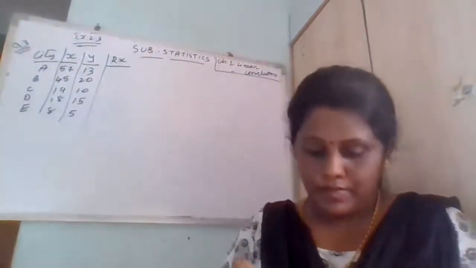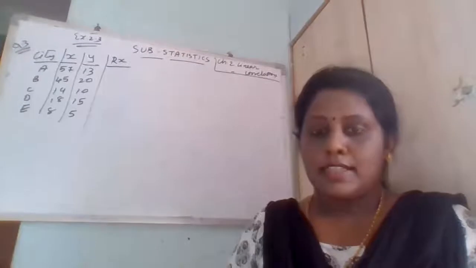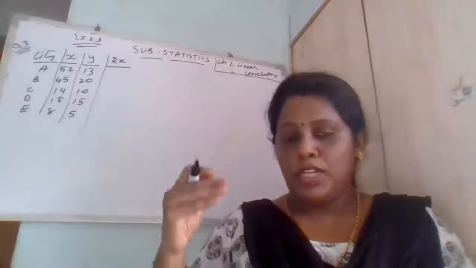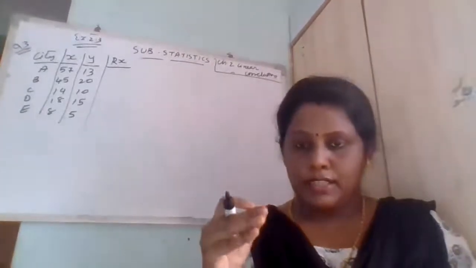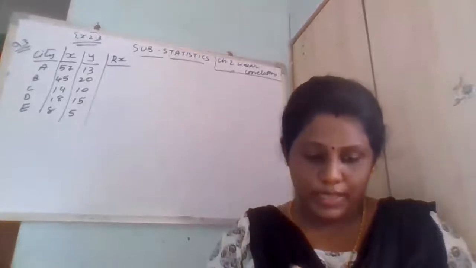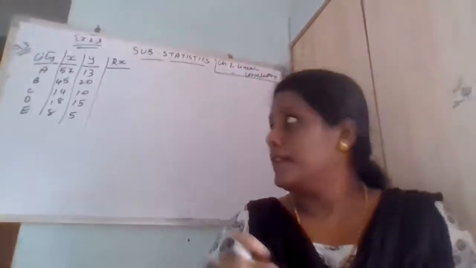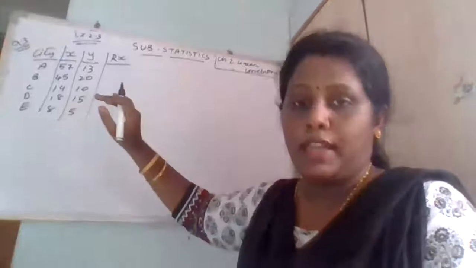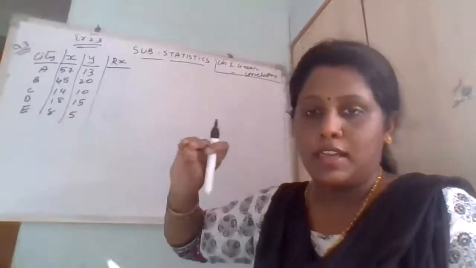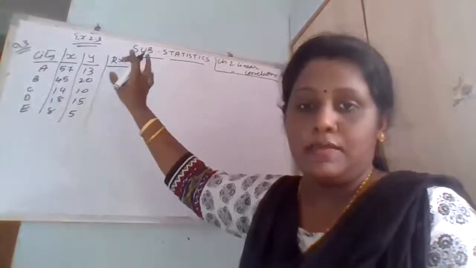Now you have to give the rank, that is Rx and Ry. Rank is given from 1, 2, 3, 4, 5. You all know that for first, second, third, fourth, fifth, like this we give the rank. So here, how will we give the rank? Whichever number is greater will get the first rank.